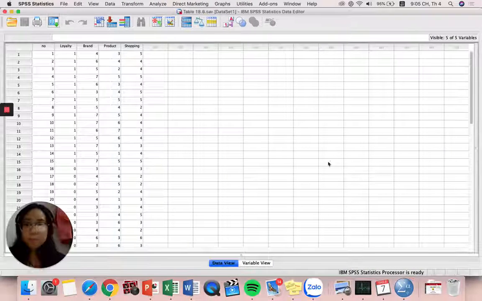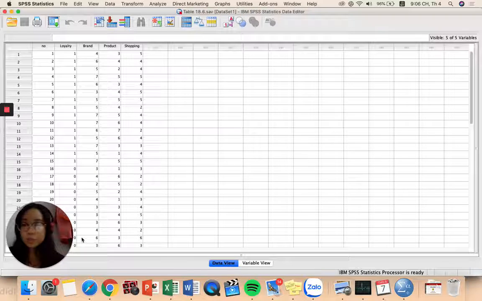So to better illustrate this part, I will use an example in the book to explain this theory to you. The table here gives the data for 30 respondents. 15 are brand loyal, which is indicated by 1, and 15 are not loyal to the brand, which is indicated by 0.